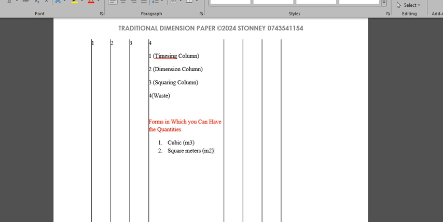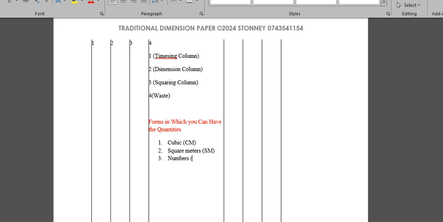Okay, I would rather use the other symbol, that is cubic meters. Then I use square meters. Then 3, you can have numbers.